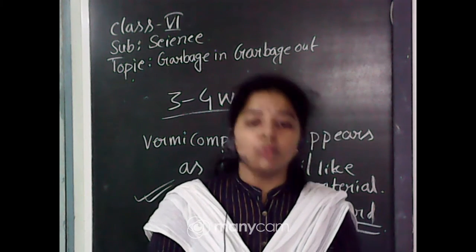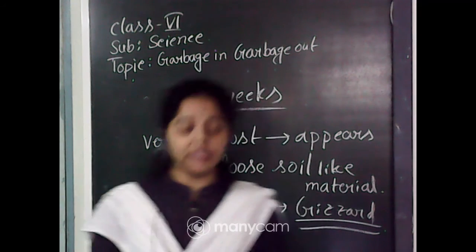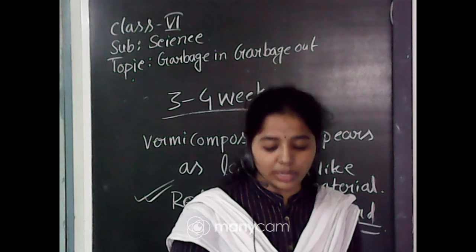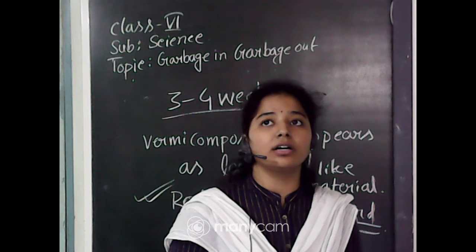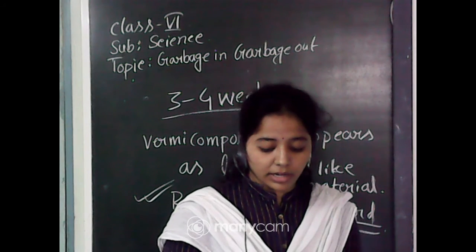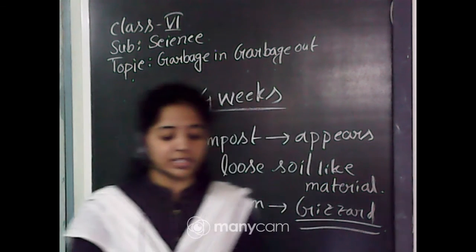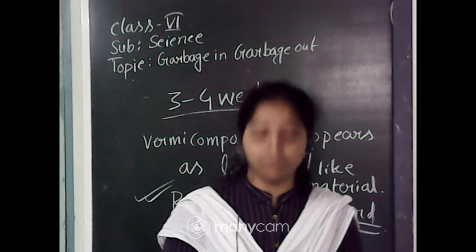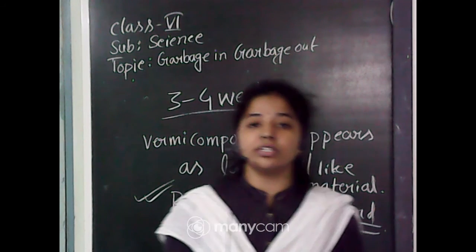Now one thing we have to keep in mind, that we should not put animal products like oils, or prepared food like chicken and other food products, oily substances in that pit, as that leads to the growth of harmful disease causing organisms.